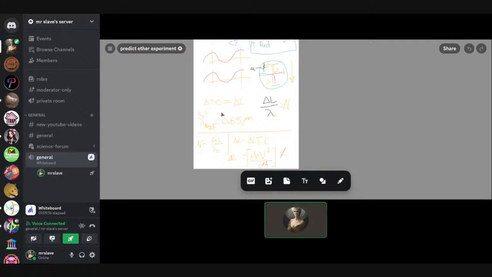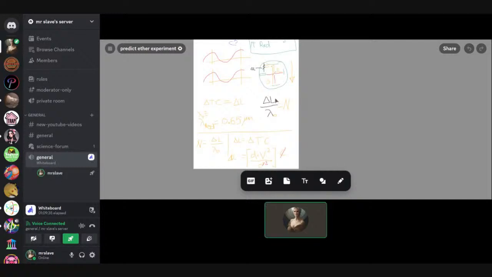So this is the difference in time times the speed of light is the difference in length. So lambda is 0.65. What is n?